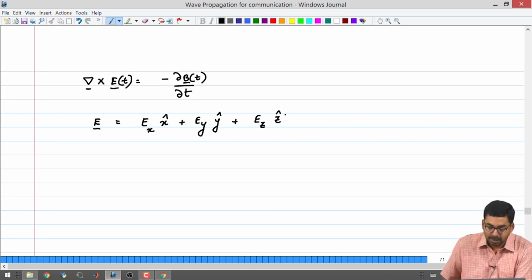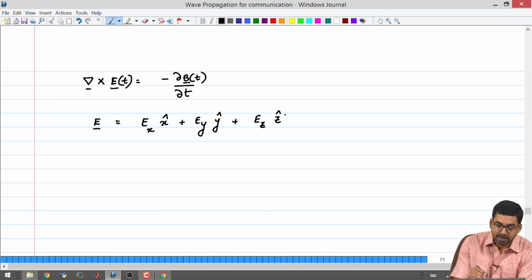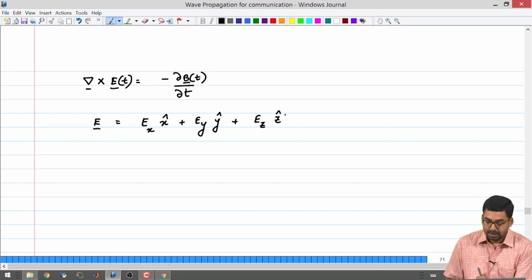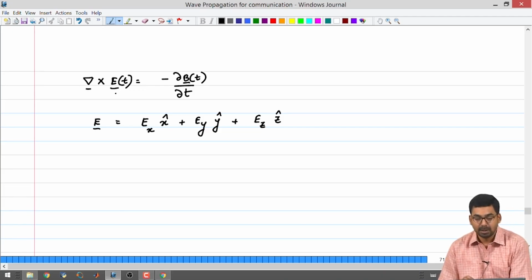Ex, Ey, Ez are the components along x, y and z. This is the way one would describe an electric field, and that means that the left hand side becomes much larger than what we would have expected. The second thing that we have to see is this del cross E operator and its consequence.